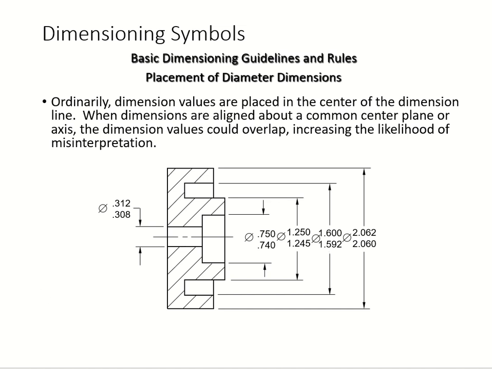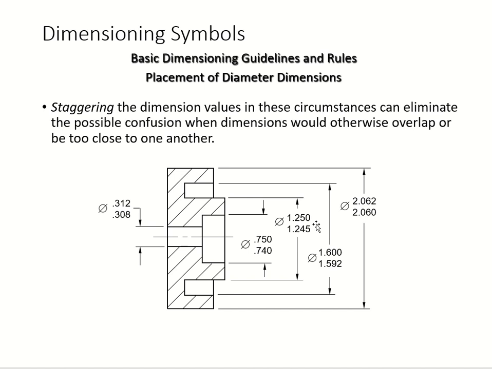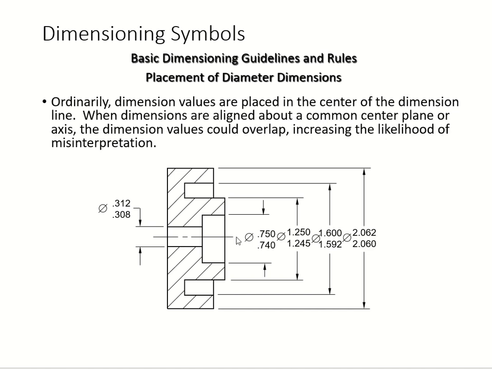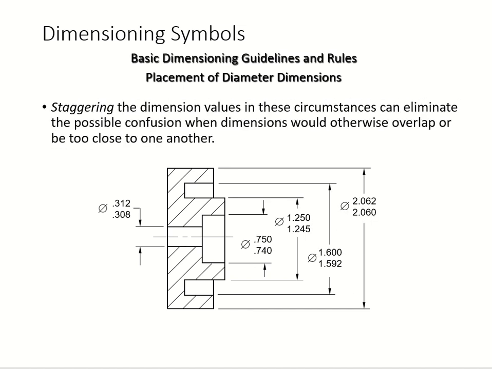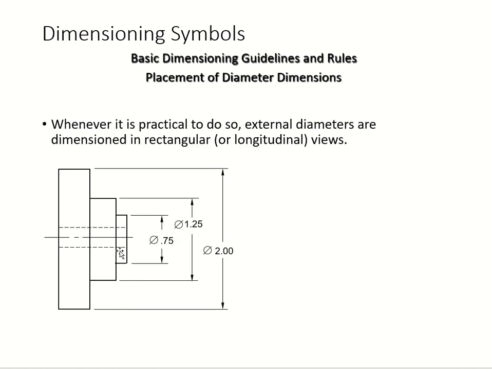So we call this staggering. A little bit different from this perfect one. Look at that. Because they can overlap each other, so I'm trying to make it look like this, okay. So it's called staggering in dimension value. We try to solve it this way, so you don't have to read, yeah. It doesn't look cluttered.